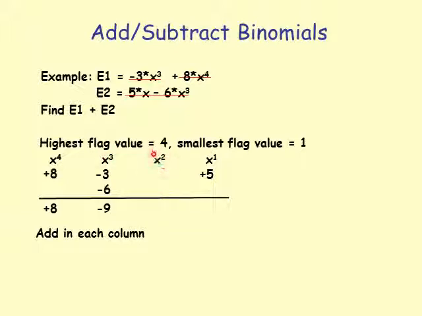Nothing under x squared, no term, so 0 x squared, and 5 under the x first power, so plus 5 times x. So that means E1 plus E2 is 8x fourth minus 9x cubed plus 5x.